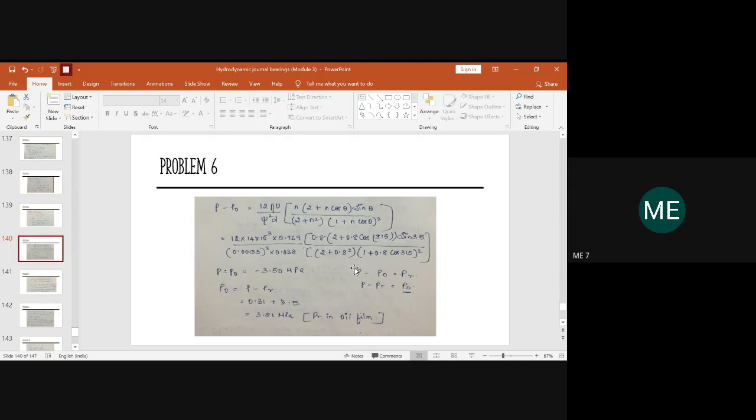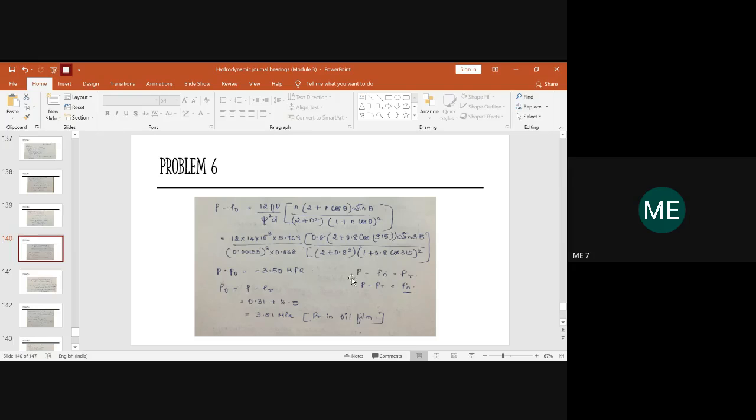And in the problem, they have given you the value of P. But what is the pressure in the oil film, what we use as a lubricant? What is the pressure across the oil film has to be determined.